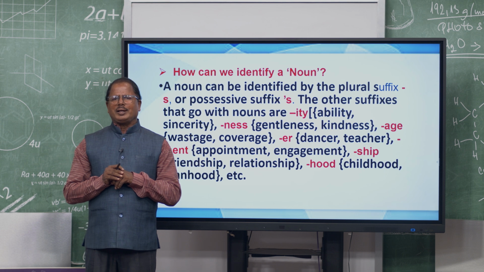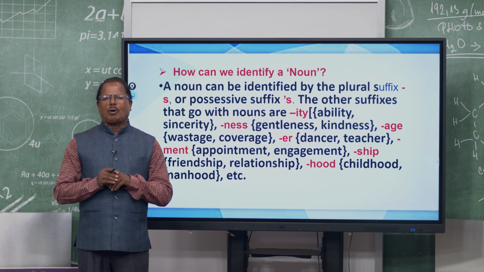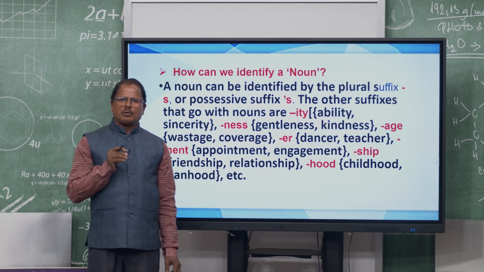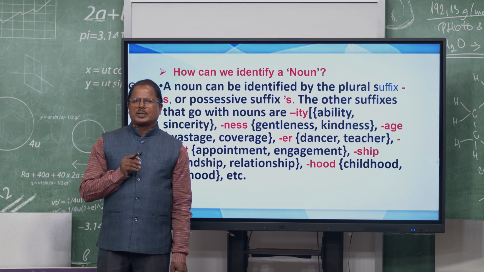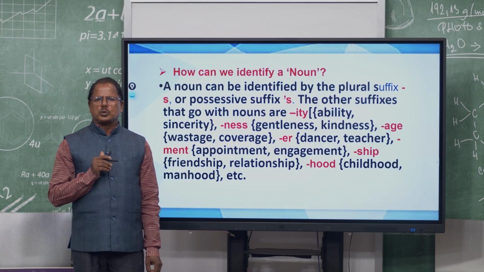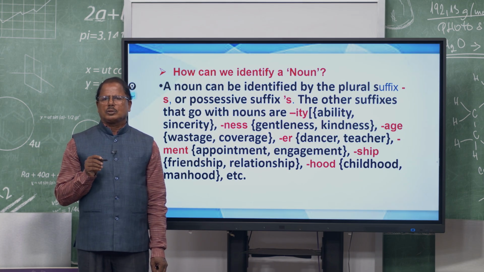Words ending with ness: gentleness, kindness, truthfulness, all these words are also nouns. Words ending with age: wastage, coverage, right, like this, these words are also nouns. Words ending with er: dancer, teacher, career, professor, like this, right.